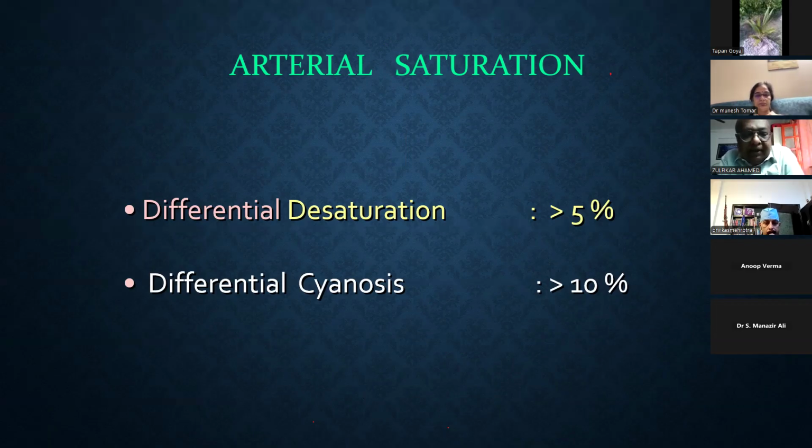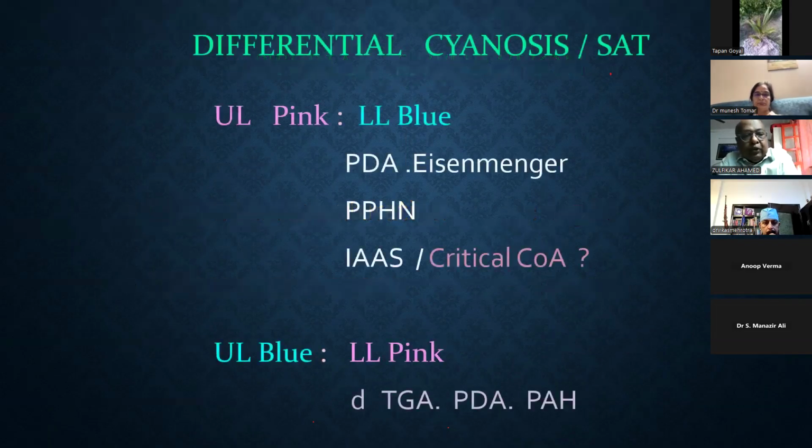Whereas by definition, we can ask you what is meant by differential desaturation. It is around 5% difference between the upper limb and the lower limb. So among the rare causes of differential cyanosis, the usual situation is upper limb is pink and the lower limb is blue.